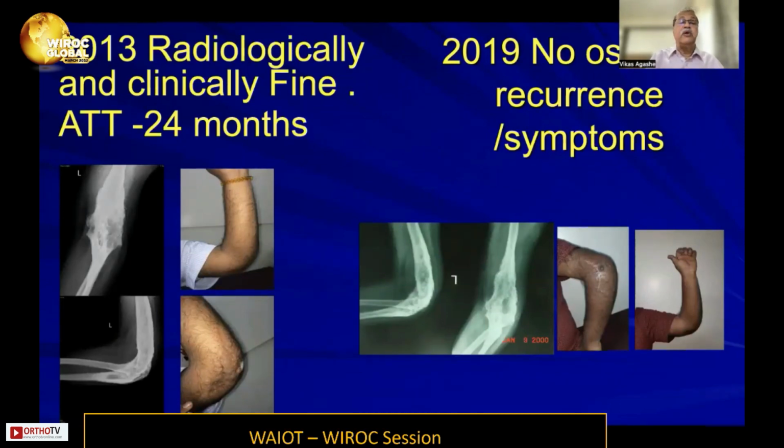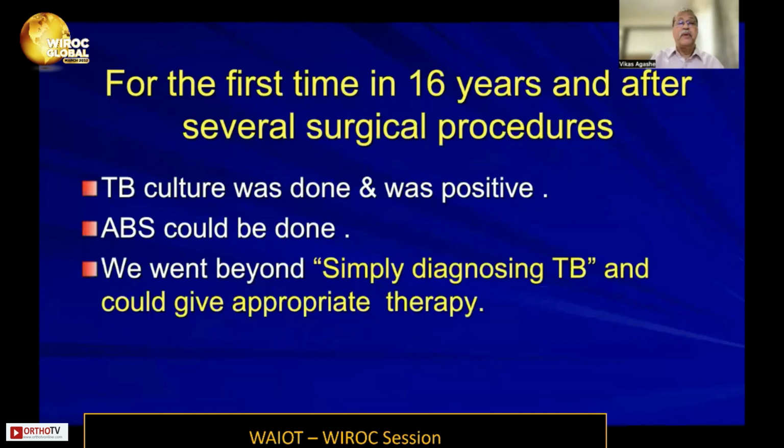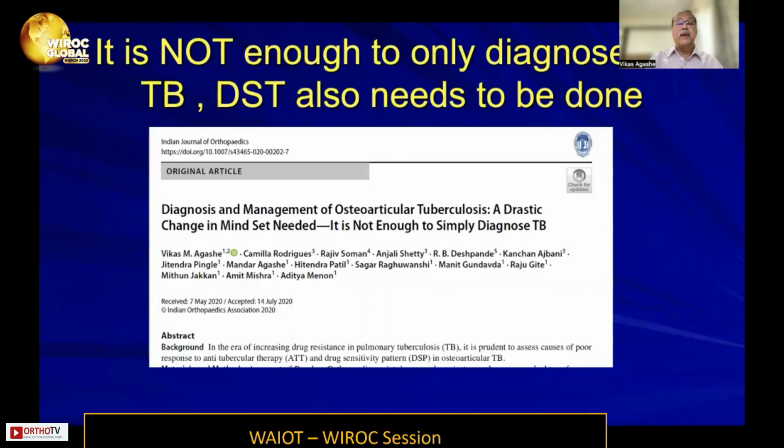The ATT was continued for 24 months, and this is him at 7 years, no recurrence of symptoms. So for the first time in 16 years, and after several surgical procedures, his TB culture was done and was positive. Antibiotic sensitivity could be done, and he went beyond simply diagnosing TB and could be given appropriate therapy.